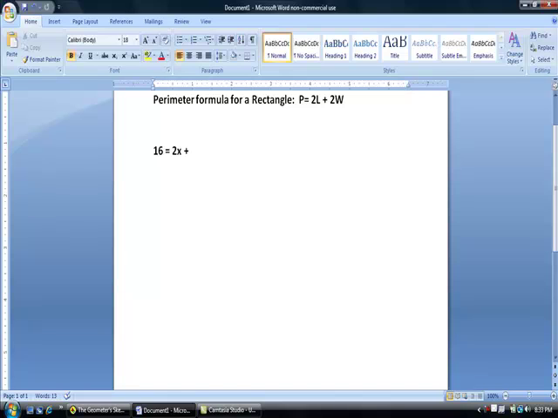The other side's length is y, so that's 2y. But that formula is kind of bothering me a little bit, because I can divide everything by 2, so I'm going to do that. I get 8 equals x plus y. So basically what this question is asking you to do is graph all the different possible pairs of numbers x and y that add up to 8.